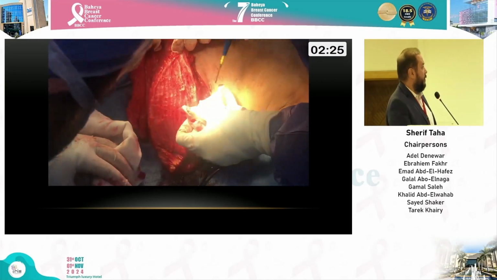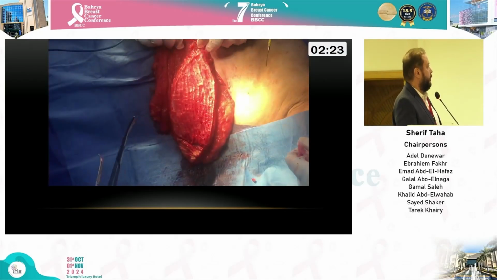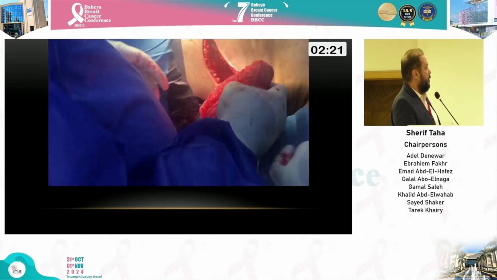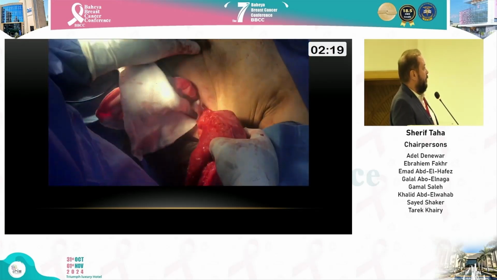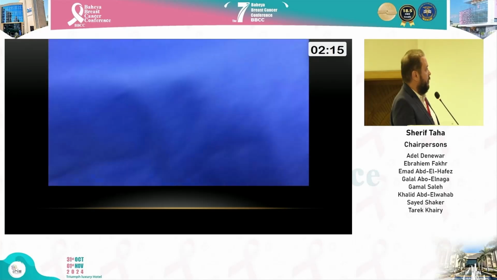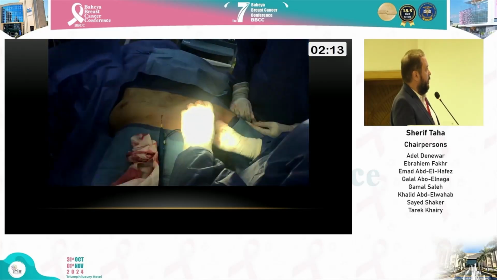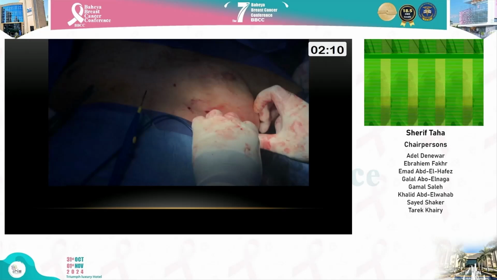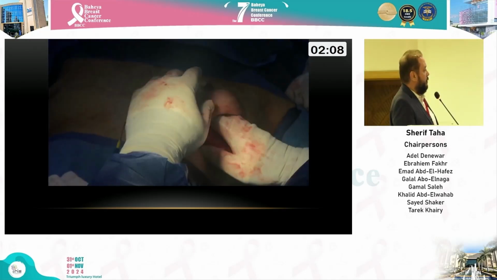After complete deepithelialization, hemostasis is ensured. Patient is brought into a sitting position. And then the LD insetting is done.